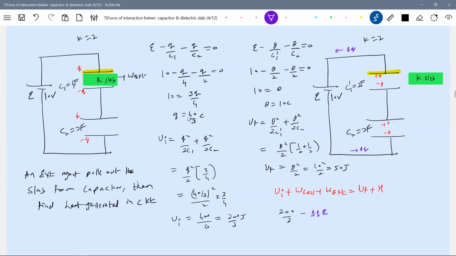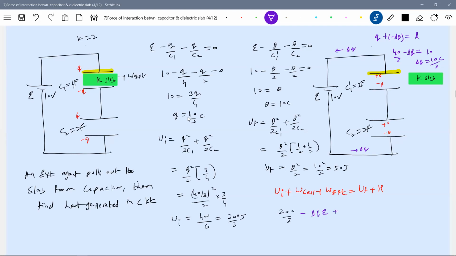How to calculate delta Q? Initial charge was 40 by 3, and it has finally become 10 by 3. So delta Q is 10 by 3 coulomb.